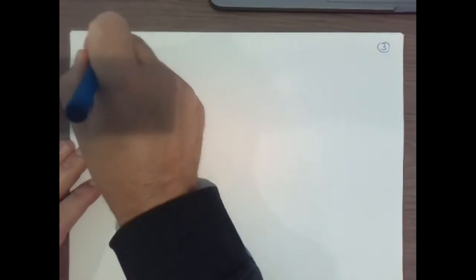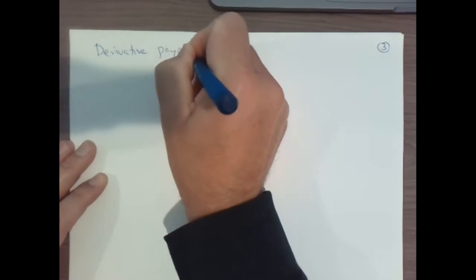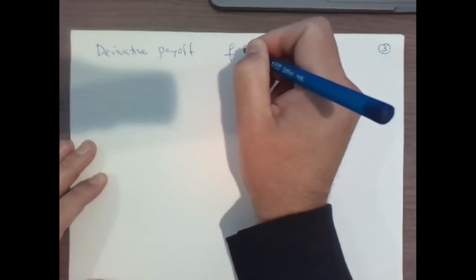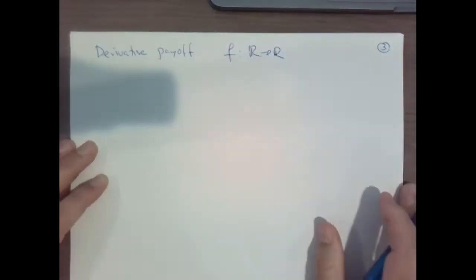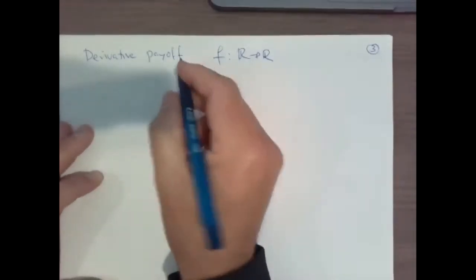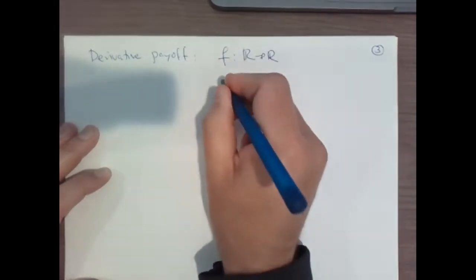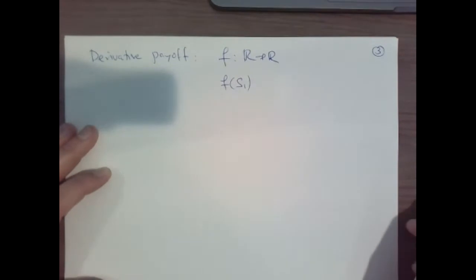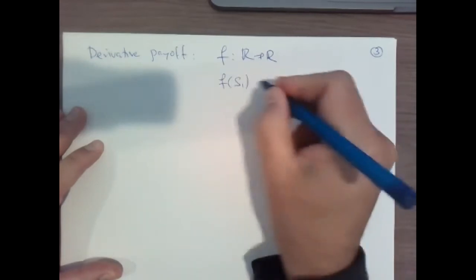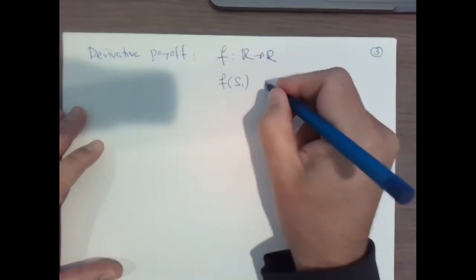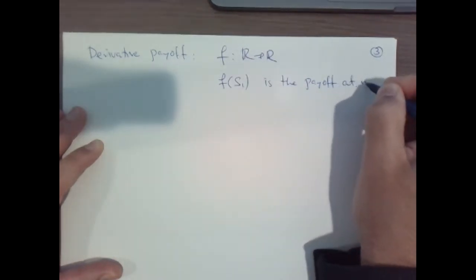So we take a derivative payoff, which was a function from R to R. There's nothing random about the function, but you take the function and compose it with the future stock price, and then this is going to be the payoff at time 1.